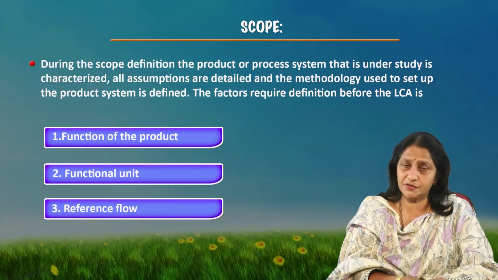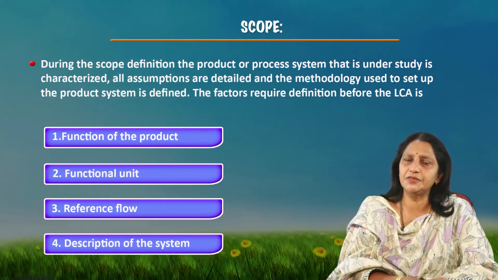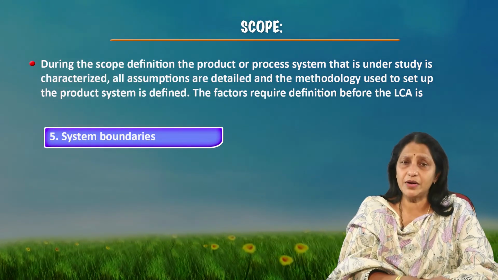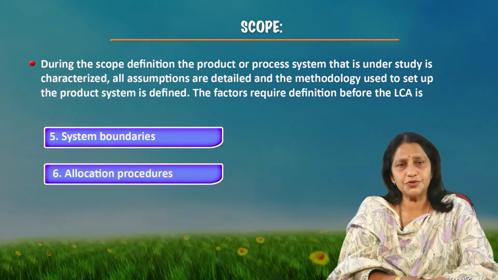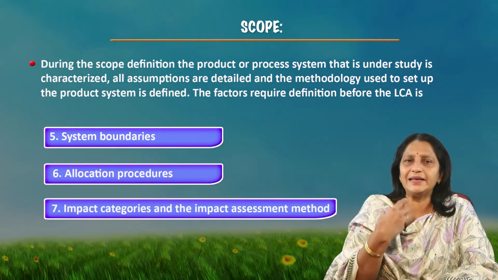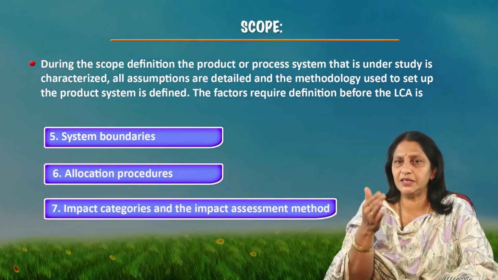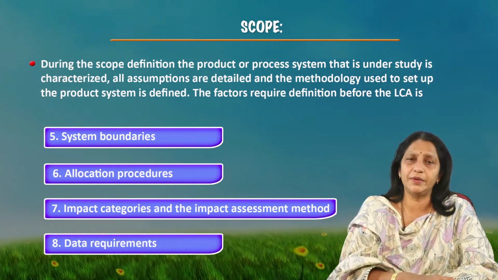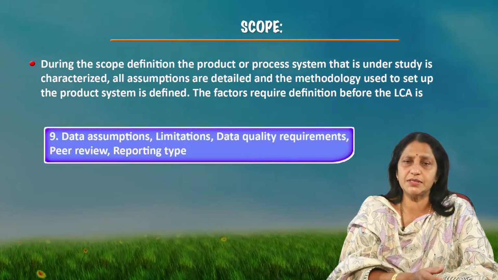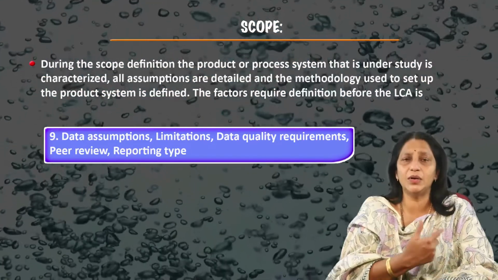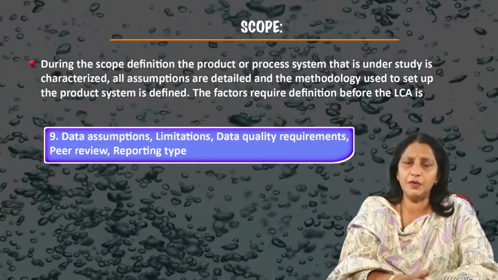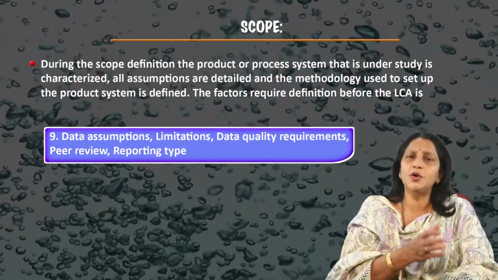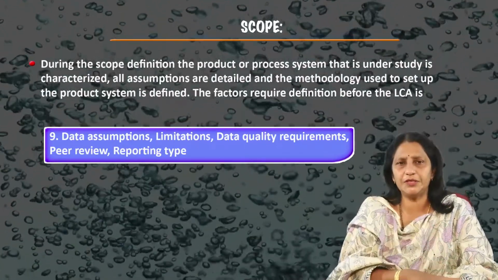And then the reference flow, description of the system and system boundaries, allocation procedures, impact categories and the impact assessment method for the particular product, and the data requirements, data assumptions, limitations, data quality requirements, peer review and reporting type. So all these things come into the picture.